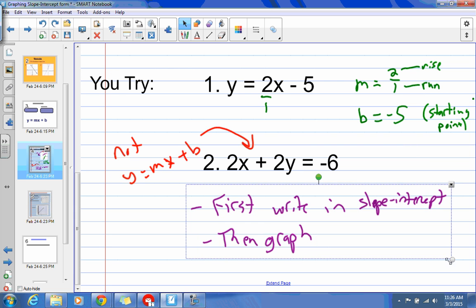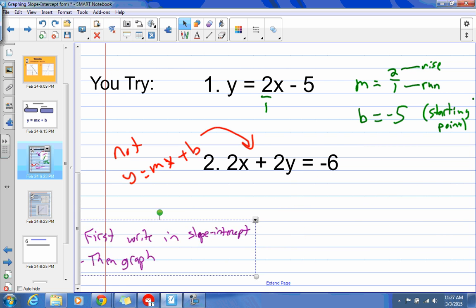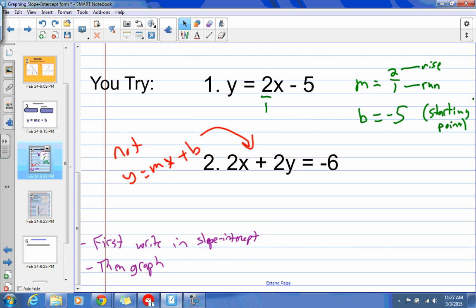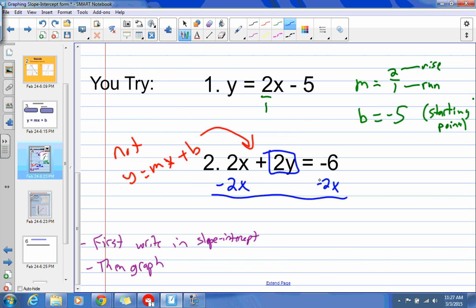So let me show you right here. We'll put it in slope-intercept form. I'm not going to graph this one, but we will put it in slope-intercept form. Using blue here, get the y by itself, so you have to get this term by itself first. We subtract the 2x from both sides. It doesn't really matter what order you put these in, as long as you have both of them there. That cancels out, and you have 2y equals minus 2x minus 6.